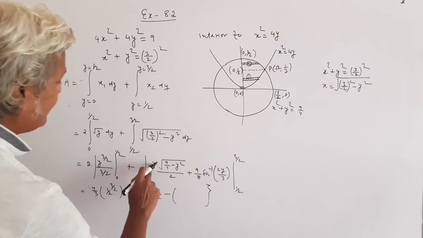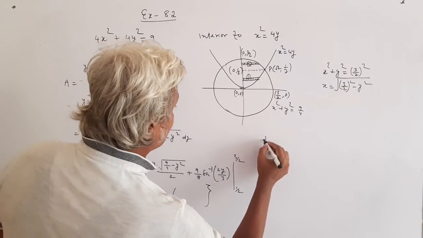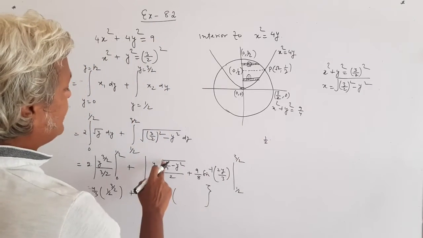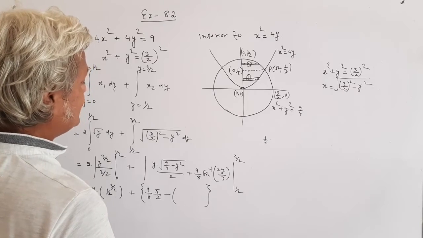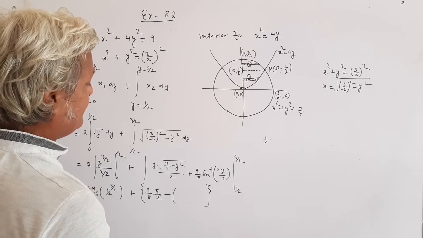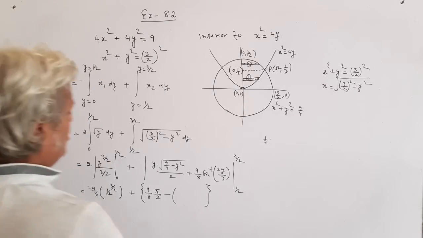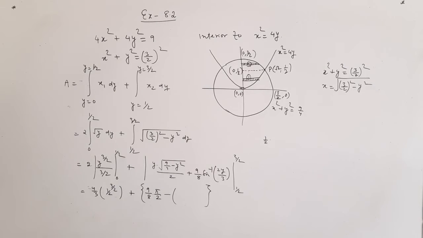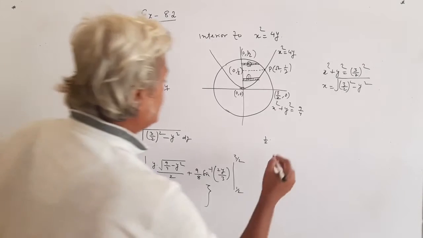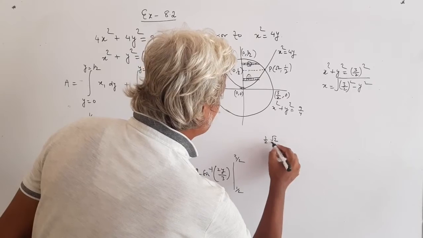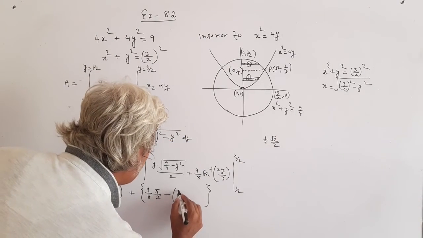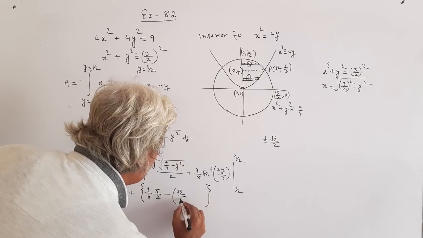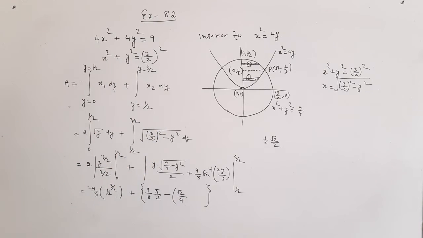And then if you put half here, you get half there, and then under root 9/4 minus half square, that is 1/4, that is under root 8/4, and 8/4 is 2. This is root 2/2, then you get root 2/4.